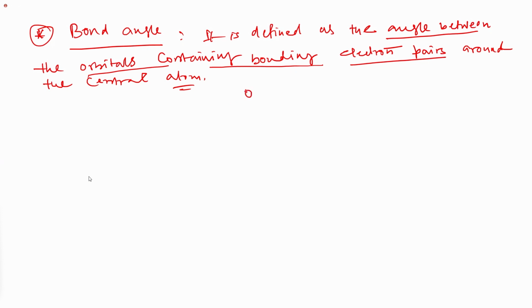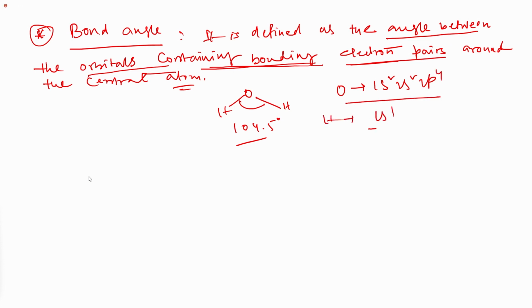Suppose you see H2O, the bond angle is 104.5 degrees. Now what does it mean that this line contains bonding electron pair orbitals? Here the oxygen's electronic configuration is 1s2, 2s2, 2p4, and hydrogen is 1s1. So when this water molecule is forming, the 2p and the 1s orbitals are involved in forming this covalent bond.